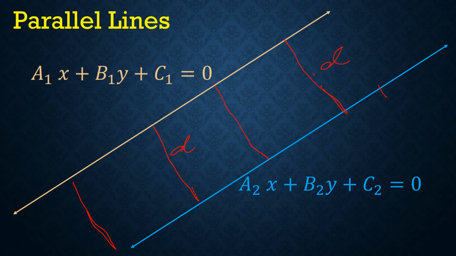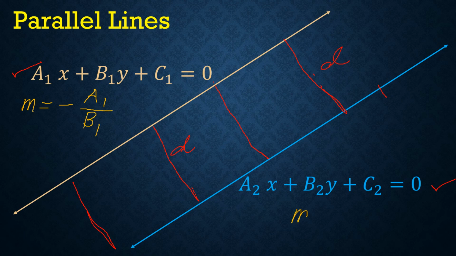Now, when it comes to the equation, two lines are said to be parallel if and only if the slopes of these two lines are equal. Remember, the first line has a slope of negative a sub 1 over b sub 1.